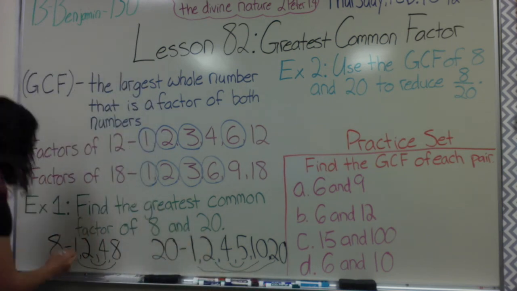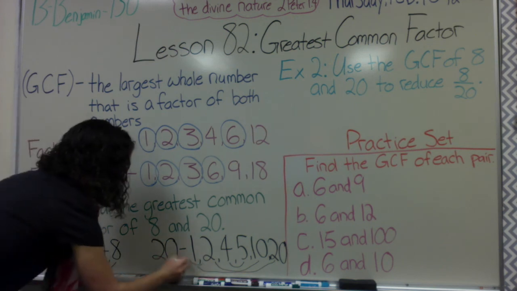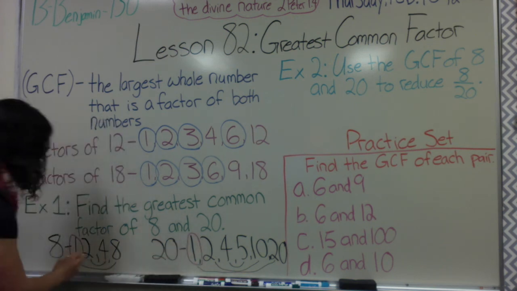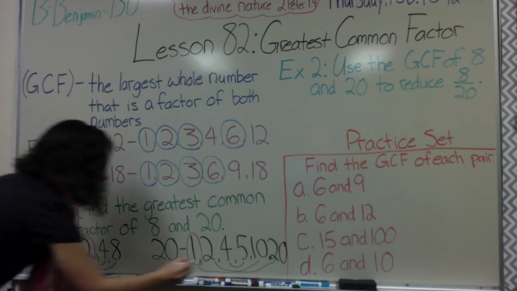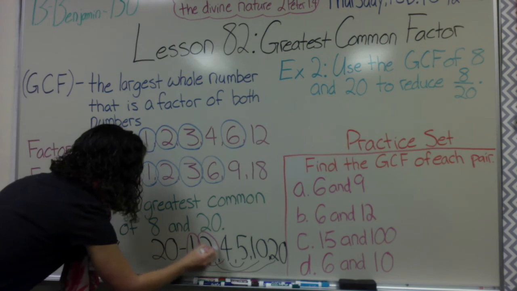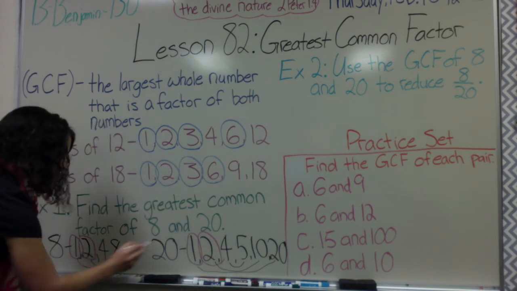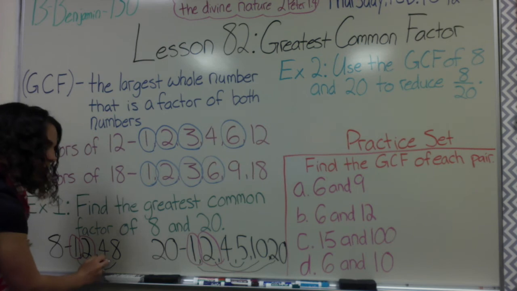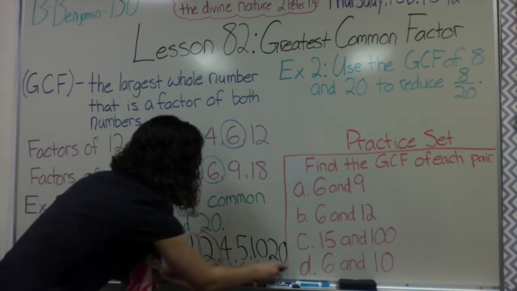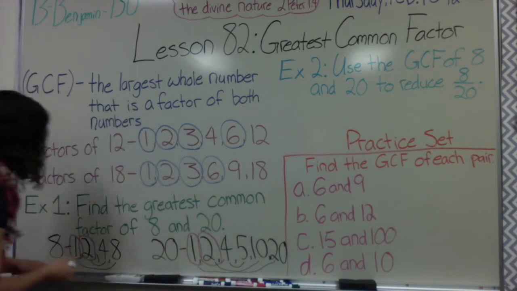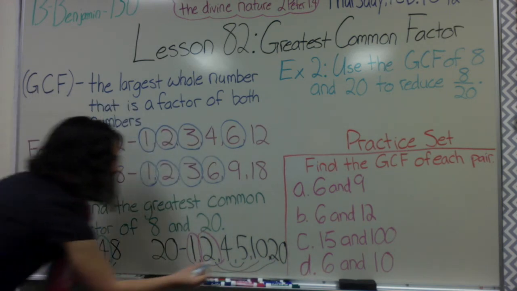So I'm going to circle the ones they have in common. 1 is a factor of every number. 2 is also a factor of both. 4 is a factor of both, and it does not continue on because 8 is my last one here, and 8 is not a factor of 20. So I'll circle that in a different color: the greatest common factor of 8 and 20 is 4.